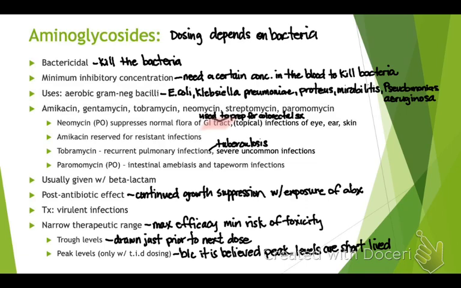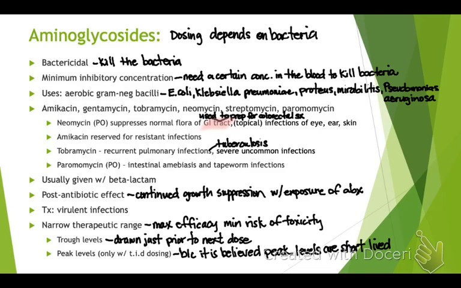It does suppress the normal flora of the GI tract, so it's used to prep for any colorectal surgery. It can be given topically for infections of the eye, the ear, or the skin. Amikacin is reserved for any of your resistant infections. Tobramycin is given for recurrent pulmonary infections, as well as severe uncommon infections.